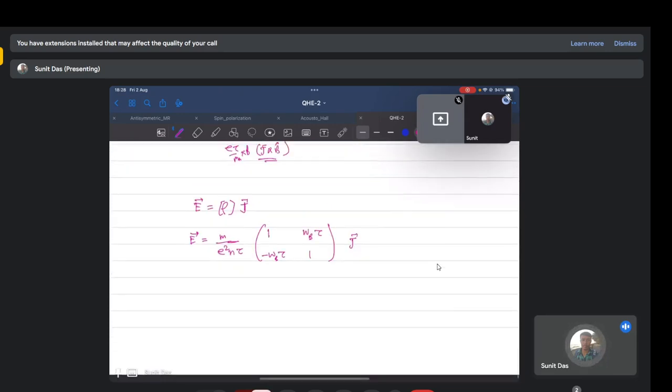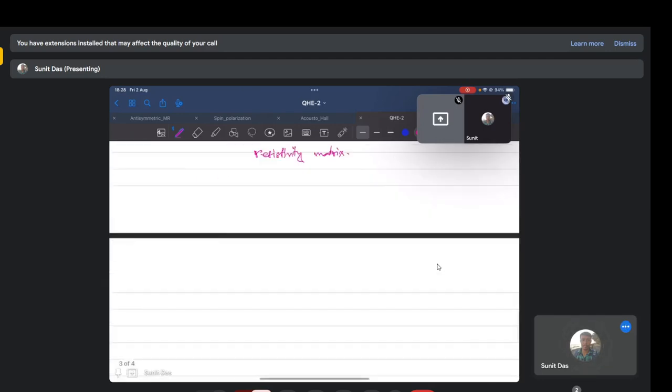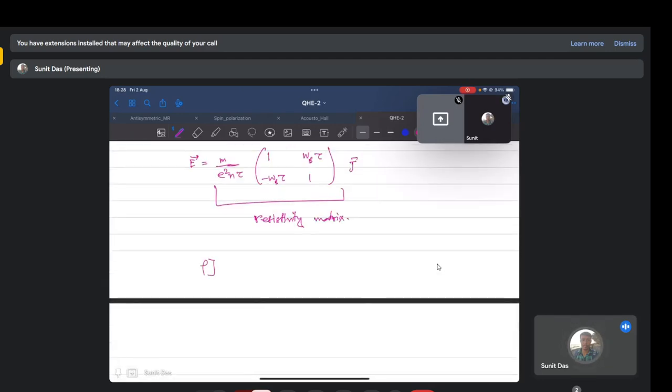This whole term is the resistivity matrix. So the resistivity matrix for a 2D system in presence of a magnetic field is given by m by e square n tau times 1, omega b tau, minus omega b tau, 1. This is our final answer.